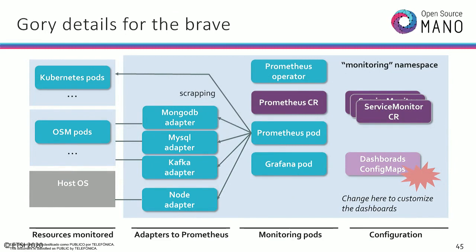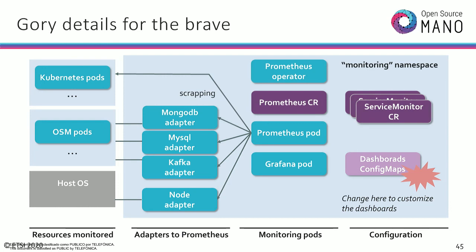Okay, the very last one has the gory details on how this is implemented and how the Prometheus operator works, and these are the pods that you will see if you inspect the monitoring namespace. The key component is another instance of Prometheus database, a different one than the one used for monitoring the VNFs themselves.